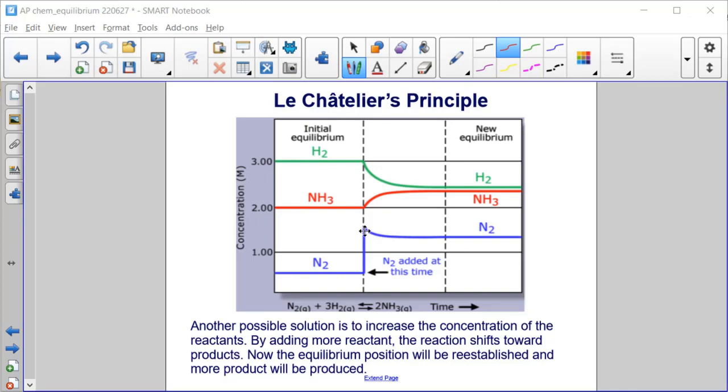Reaction shifts towards the product. So look what happens. We consume some of that N2, we consume some H2, but we also increase the production of our NH3. And then eventually a new equilibrium is reestablished, and we can see that more product will be produced.